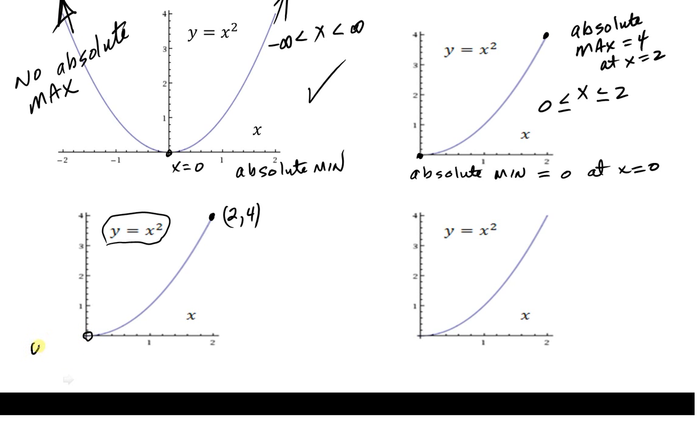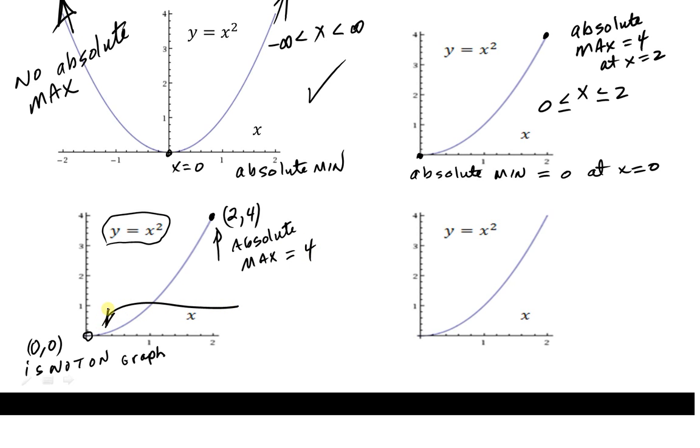So (0, 0) is not on the graph. Now when we examine this, we would say that the absolute max is equal to 4.